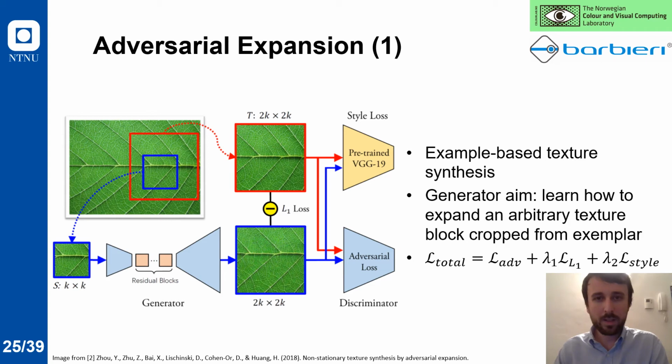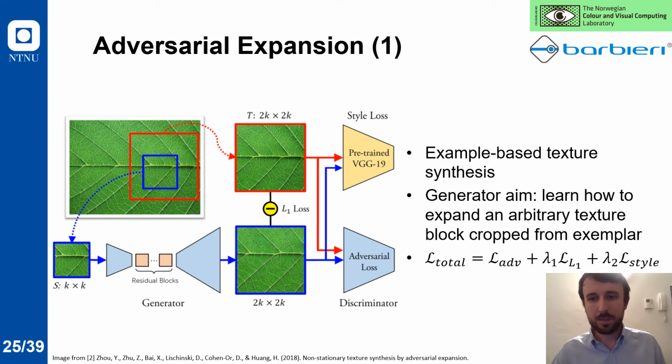Another problem of the networks that we have described until now is that they usually struggle with texture expansion.